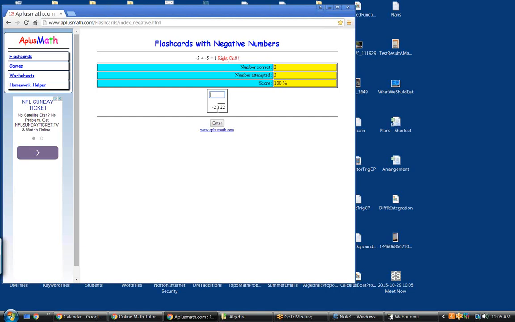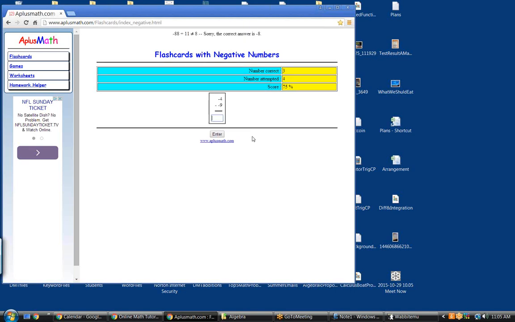What's minus 2 divided into 22? Well, that's minus 11. Right answer again. If I put in the wrong answer, if I say 11 goes into minus 88 8 times instead of negative 8, it'll tell me, sorry, the correct answer is negative 8.